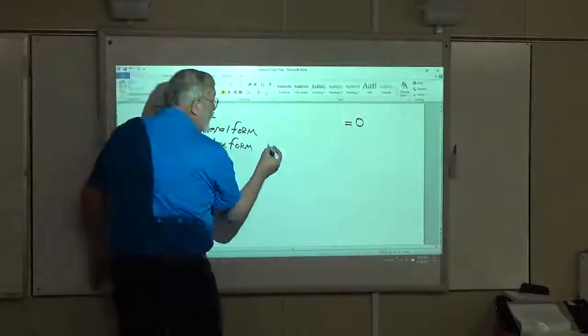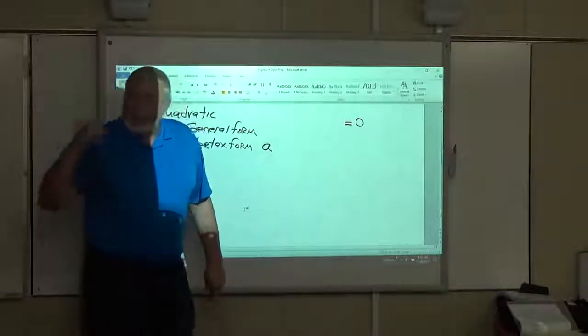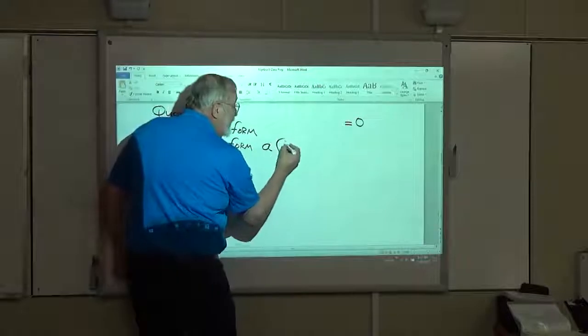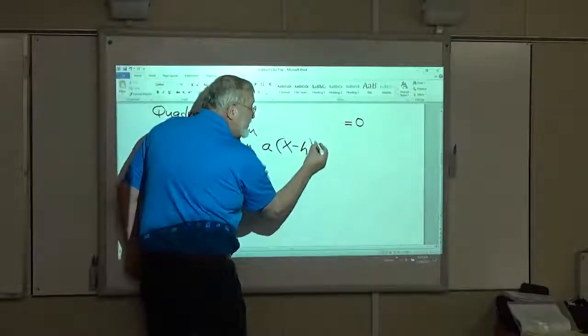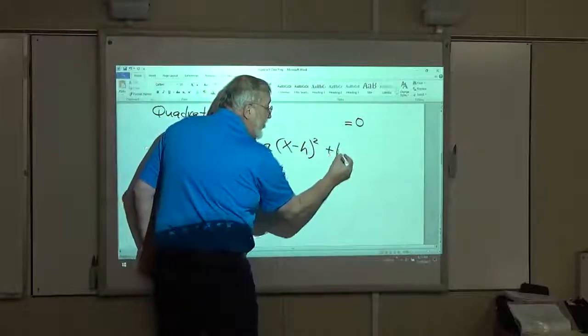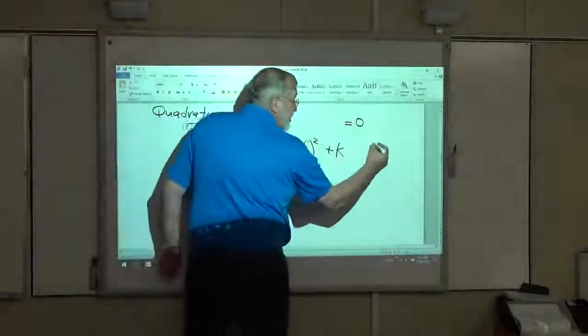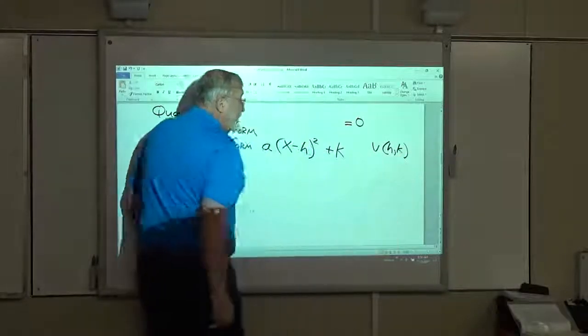The vertex form starts with an A. Most of the time, that's 1. And then you're going to have x minus h squared plus k. And (h, k) becomes the vertex. The vertex is (h, k).